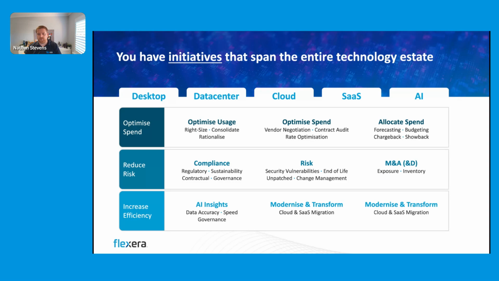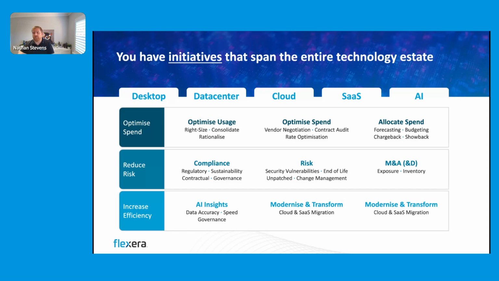So the increase of efficiency, whether that's through leveraging AI for the insights around that data, getting that outcome into the hands of people quicker, modernizing and transforming the environment. So how do we ensure that we look for opportunities there and around different areas of the business?